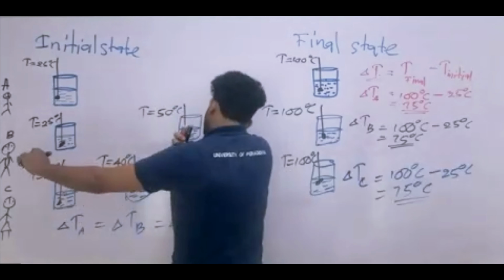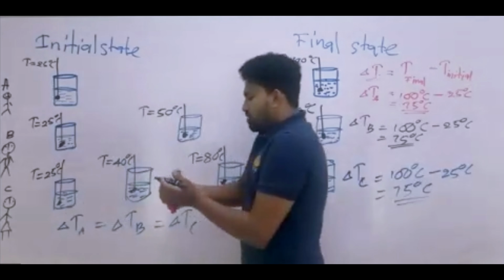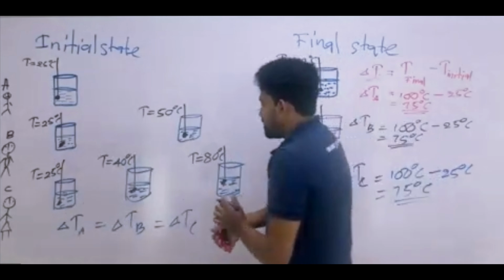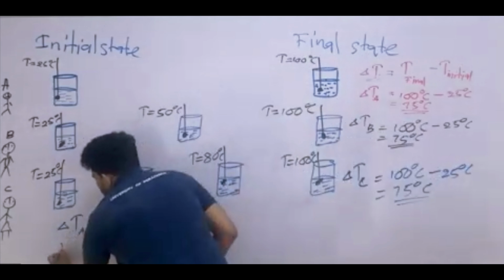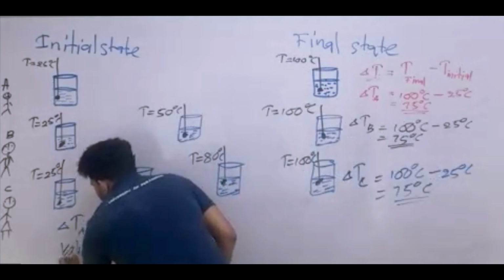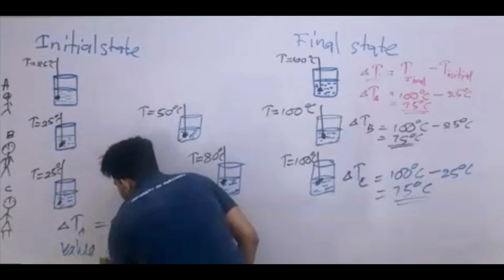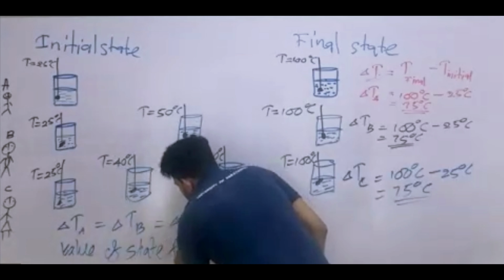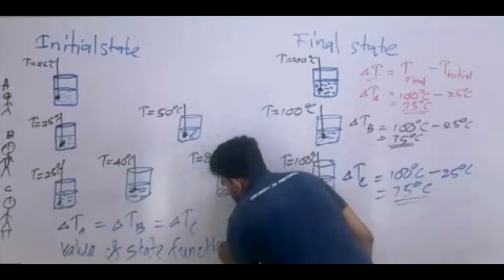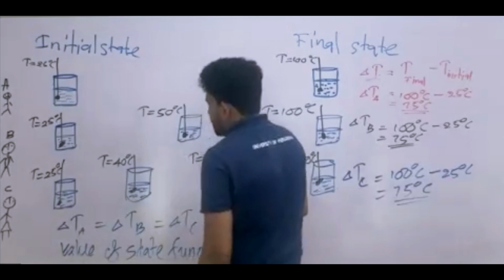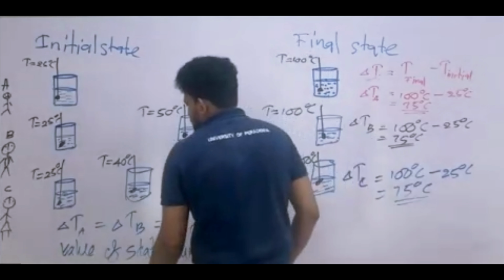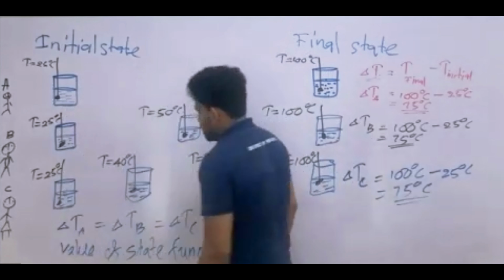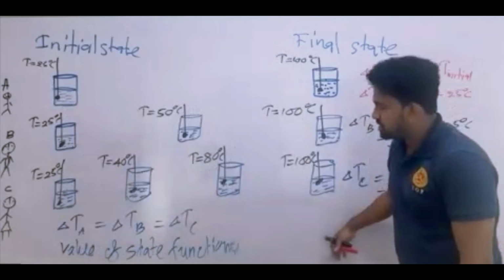The difference of the state function, I'll call delta SF, is the difference of the state function values. How can we get the value of the state function?